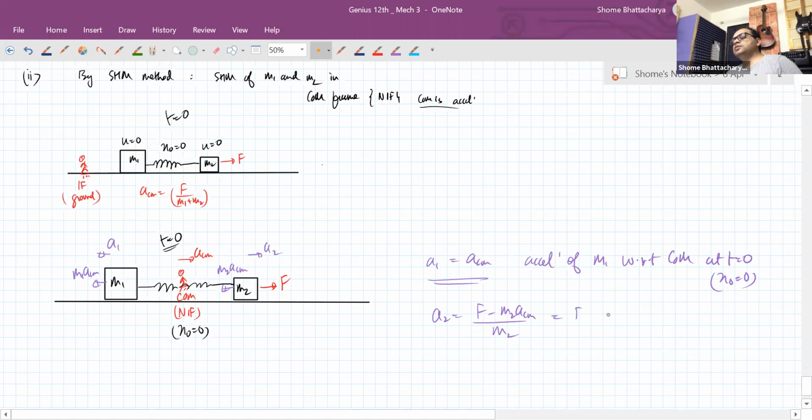So you'll see that it will become F minus m2 upon m1 plus m2 F divided by m2. So this will become m1 by m2 F upon m1 plus m2, whereas this one is F upon m1 plus m2.